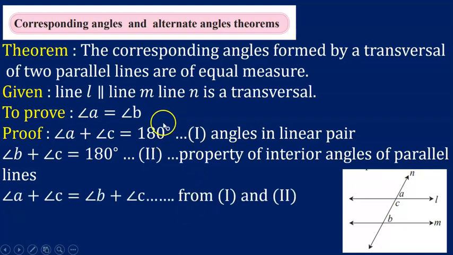Therefore, from 1 and 2, as the sums are both 180, their left hand sides are also equal. That is, the measure of angle A plus the measure of angle C is equal to the measure of angle B plus the measure of angle C. On both sides C is common, so we can subtract C from both sides. Then we get the measure of angle A is equal to the measure of angle B, and this is what we wanted to prove.